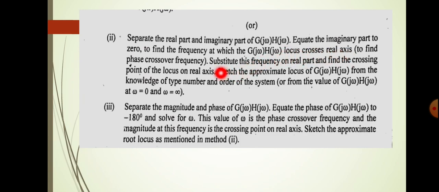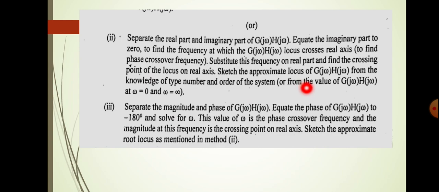So that corresponds to the phase crossover frequency, and once we get that value of omega, we can substitute this frequency in the real part of this equation, so that we will find the crossing point of the locus on the real axis, and then we can sketch the approximate locus of G(j omega)H(j omega) from the knowledge of the type number and order of the system.